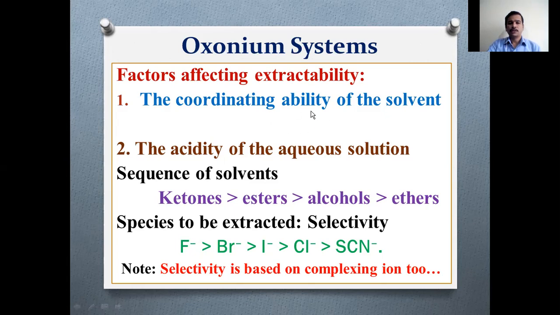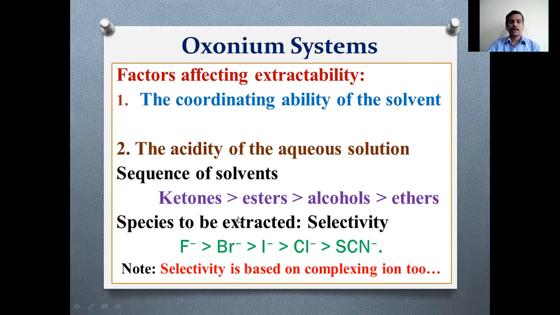If you consider the group of solvents among ketones, alcohols, ethers, and esters, the coordinating ability for ketones will be more than esters, than alcohols, than ethers. Ketones come first, maybe due to polarity. So ketones will have more selectivity when we want to extract metals after converting them by treating with oxonium systems into ion association complexes.